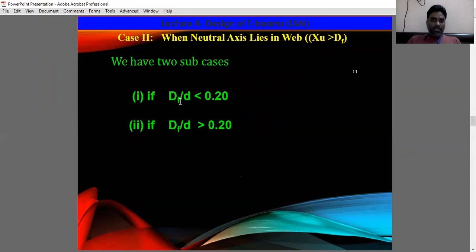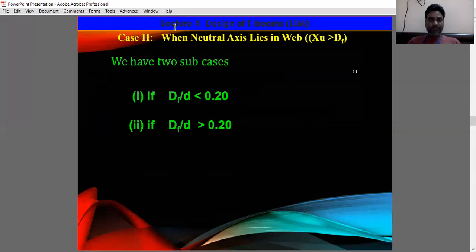Now coming to the second case, if the neutral axis is within the web, that means Xu is greater than Df, right? Just now I have shown, if Xu is greater than Df, there are two cases that will arise. That is, if the rectangular portion is within the thickness of the flange, or it exceeds the flange.